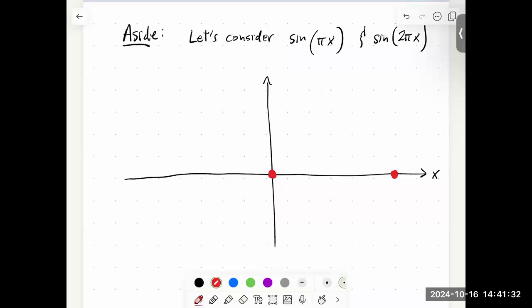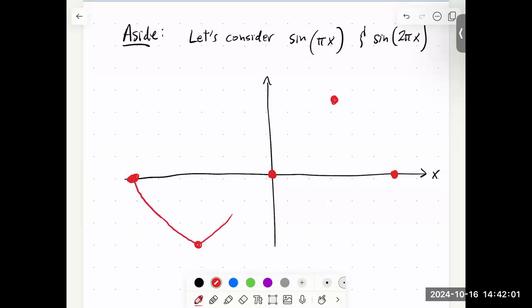How many is 1, 2, 3, 4, 5, 6? So that's out here somewhere. And then you go, well, what if x is a half? We'll get sine of pi by 2. Well, that's going to be +1. So half is somewhere around here. And then -1/2 is going to be somewhere around here. Of course, we all know what the sine function looks like.